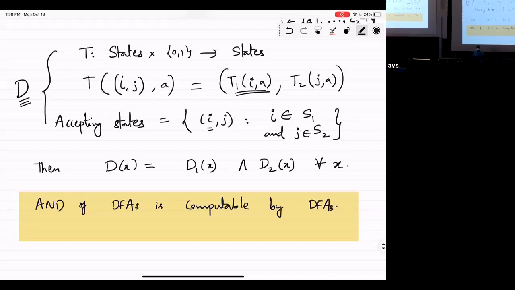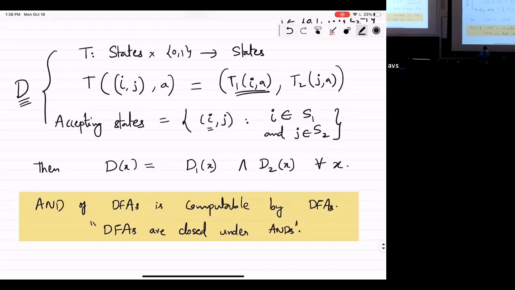Okay. In some sense, if I told you these two things are computable by DFAs, then their AND is also, right? One terminology for this is that DFAs are closed under ANDs.